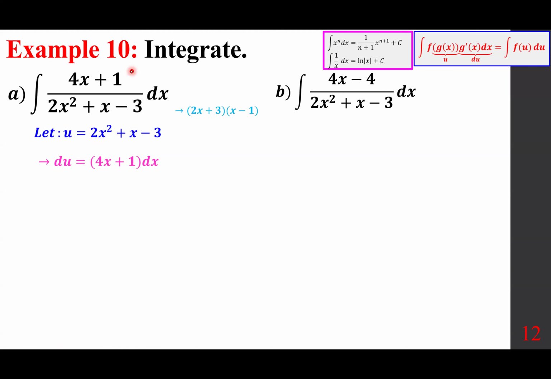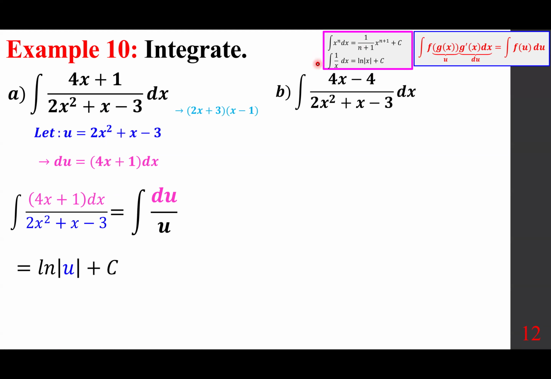Put the dx at top, and you can see du over u, which is natural log. Replace the u, and you're done. Bear in mind, the absolute value we keep, because this expression can be positive, can be negative.